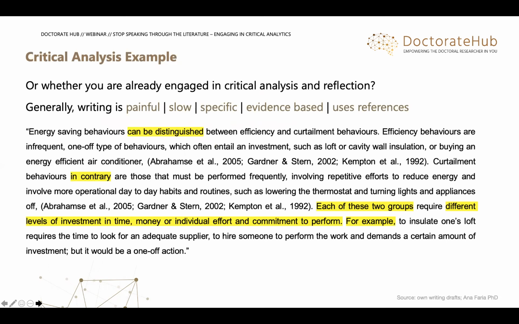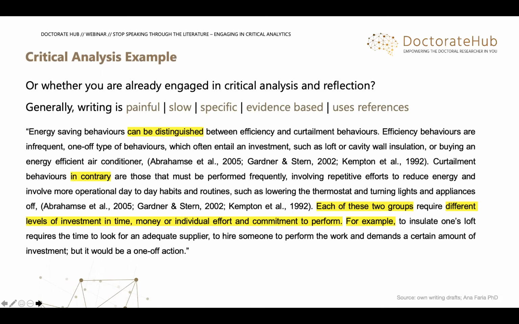Once the writing is painful, slow, and once it becomes more specific, once you see a lot of evidence, and once you see a lot of references, which also might be combined in the same argument, that means you are synthesizing information from a number of sources into a single argument, and thereby take on a bold decision to be judgmental.